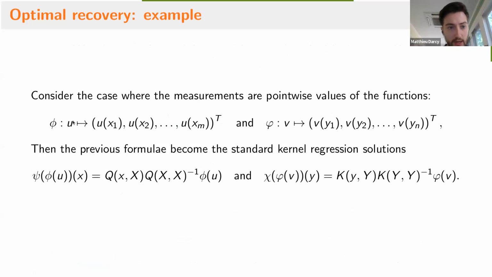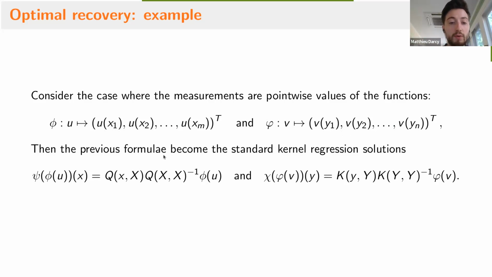So suppose that we're in the particular case when phi and varphi are pointwise values of these functions, meaning that phi takes in a function u, and it gives you its function values at a specific set of points, not necessarily on a grid, but it could be any points in your domain. And likewise, that varphi takes a function v, and it gives you pointwise values in the domain that you're considering.